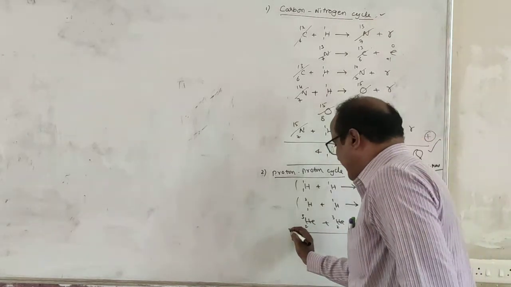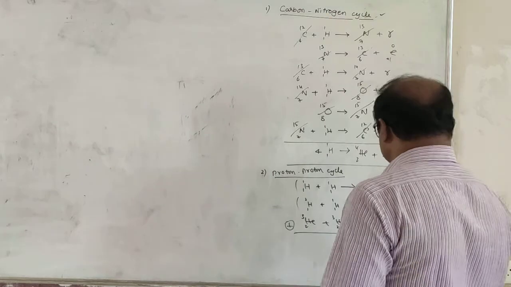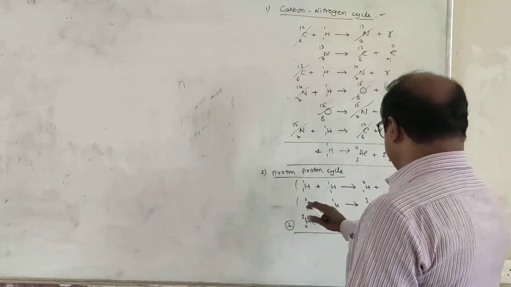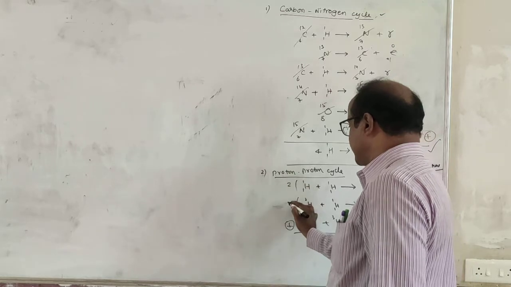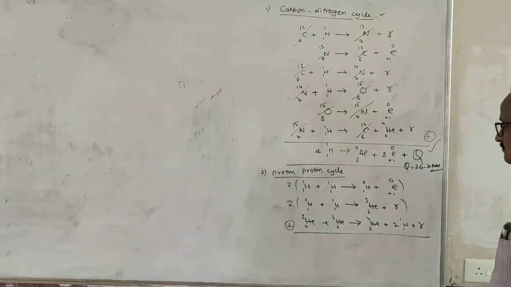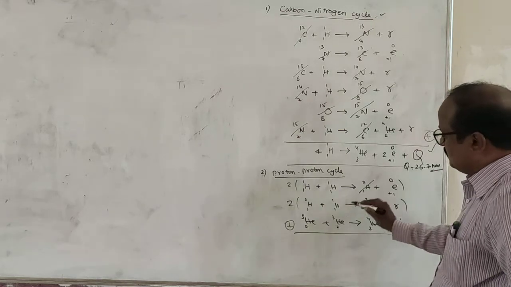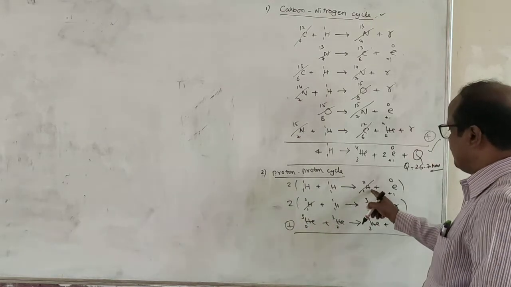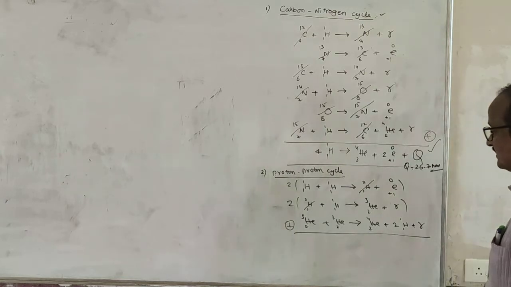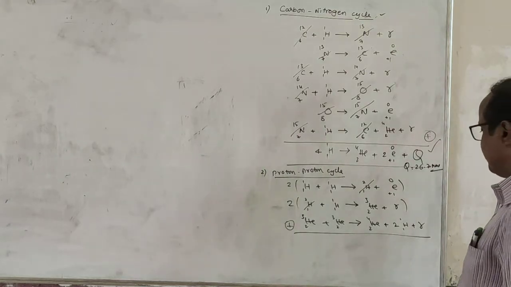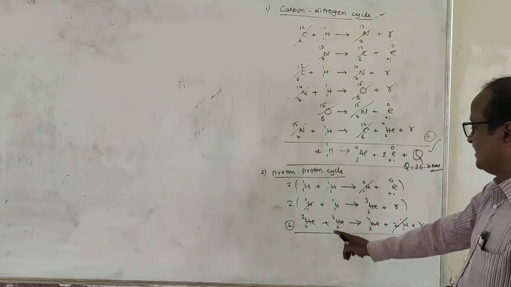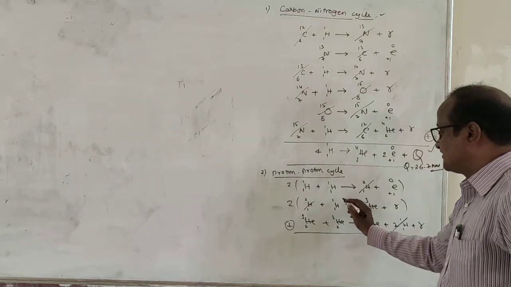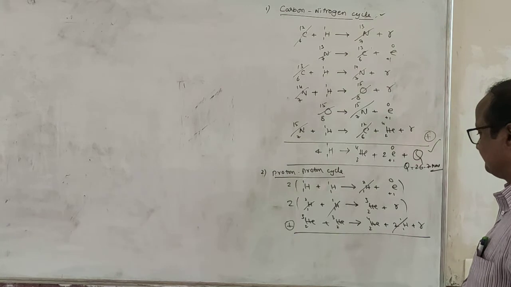So, by adding these equations, to equalize these reactions, suppose the first equation is multiplied by 2, the second equation is multiplied by 2. See here, H1 2, the 2 deuterons cancel. Next, here 2 hydrogens, and here 2 hydrogens, they cancel.